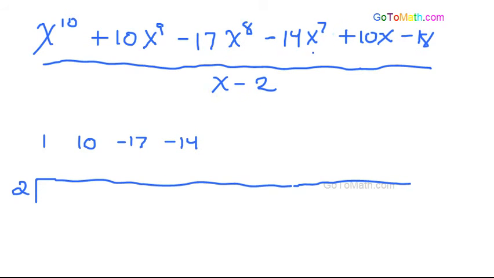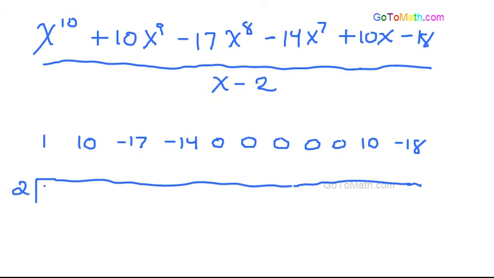Okay, so we don't have an x to the 6th, so we're going to put a 0 for that, or an x to the 5th, or an x to the 4th, x to the 3rd, x squared, but we do have an x, so we'll put a 10 there, and then minus 18. So it looks like I had just enough of a line.